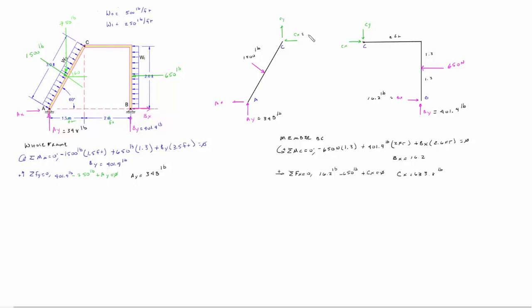So I can go ahead and put that here, 633.8 pounds. Now if I sum my forces in the y, the only y direction I have is 401.4, so that's going up, minus CY. It's all equal to 0, so CY is 401.4 pounds. And the direction that I chose was also correct.